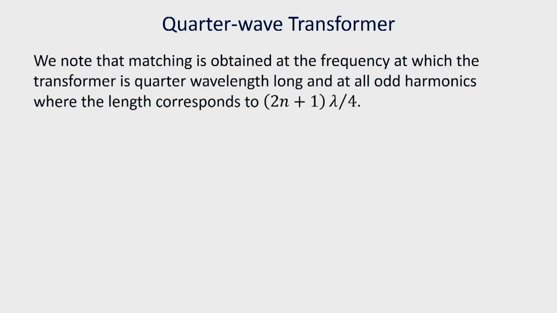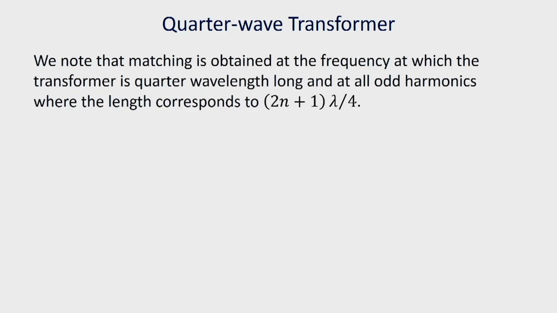So, we note that matching is obtained at the frequency at which the transformer is quarter wave long. This is very important to note, because once we have a physical section of a transmission line, it will be quarter wave long only at a particular frequency.